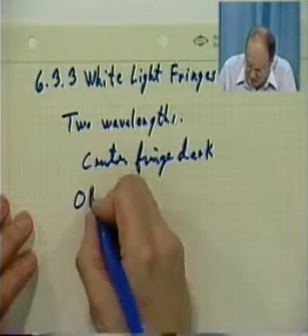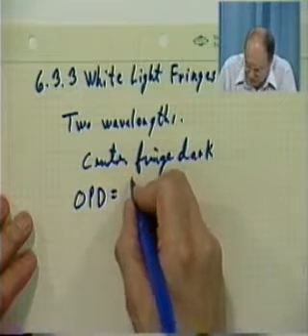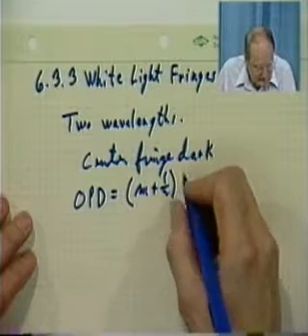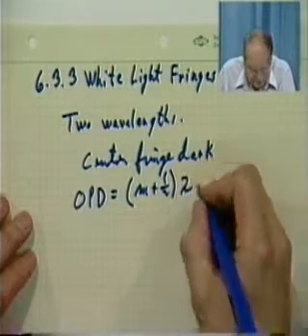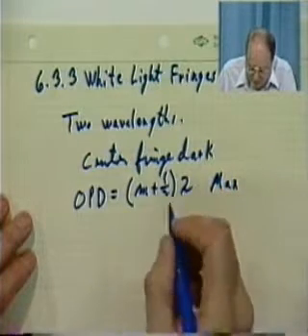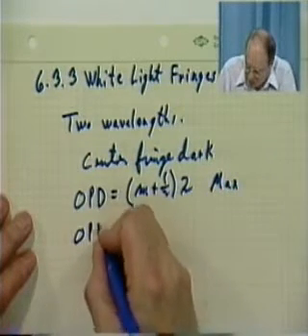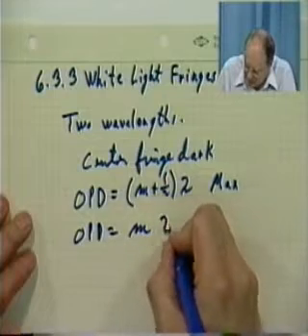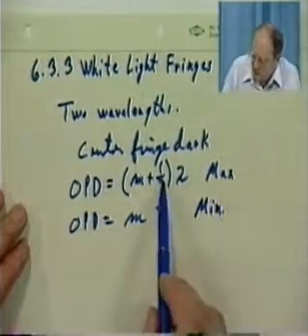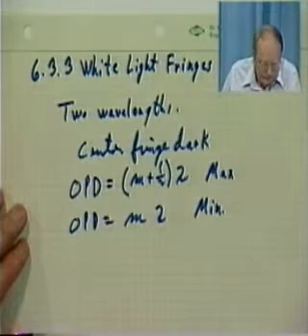And so OPD is, I wrote here, m plus a half times lambda for the max. And OPD, say m lambda for the min. That's true because the center fringe is dark.